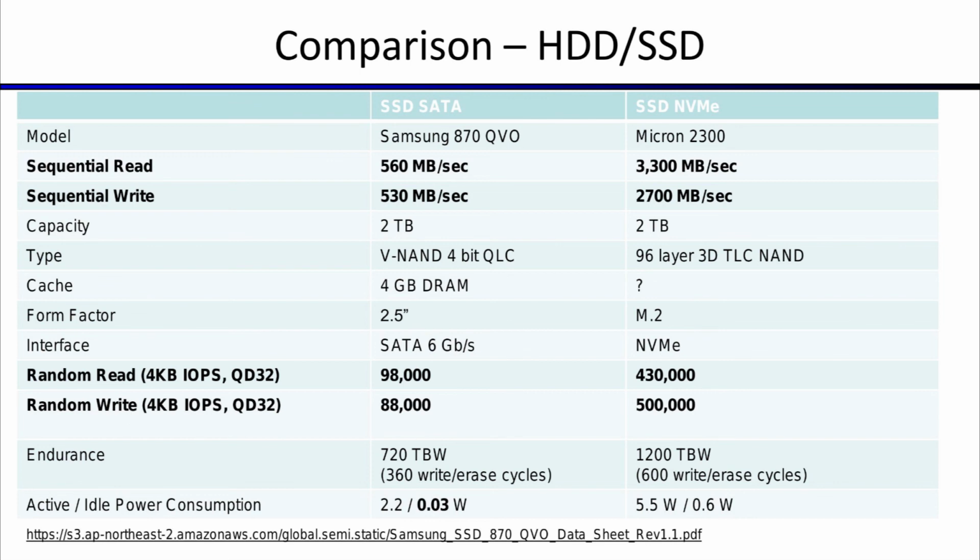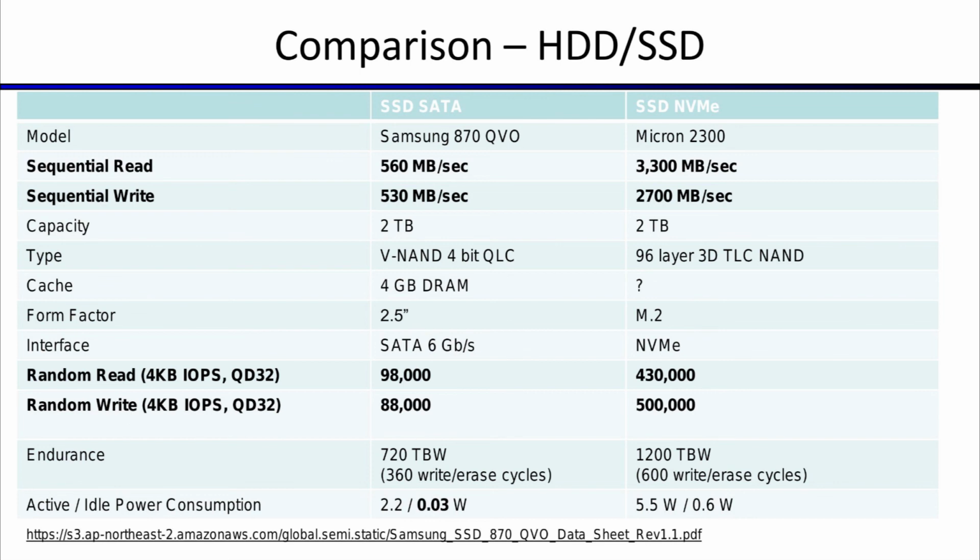The random reads and random writes are approaching 500,000, and that's just huge. You are able to use much of the capacity, and now you're able to use the low read and write times of the flash storage underneath. The endurance is 1200 terabytes written. Now 1200 is more than the 720.